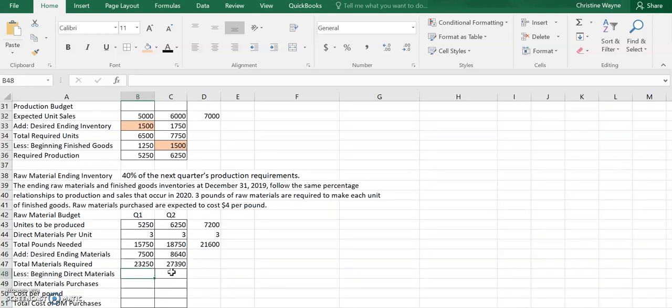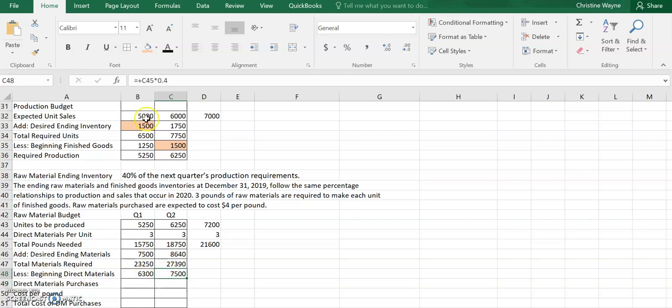Now again, they don't give you that last quarter 4 from last year, but that's okay because I can go to my current year, and I'm looking at pounds here, not units, and I'm going to take 40% of my current quarter to get my beginning inventory.